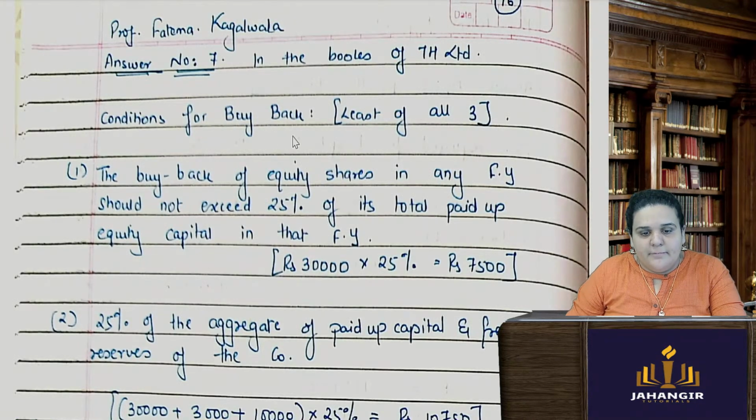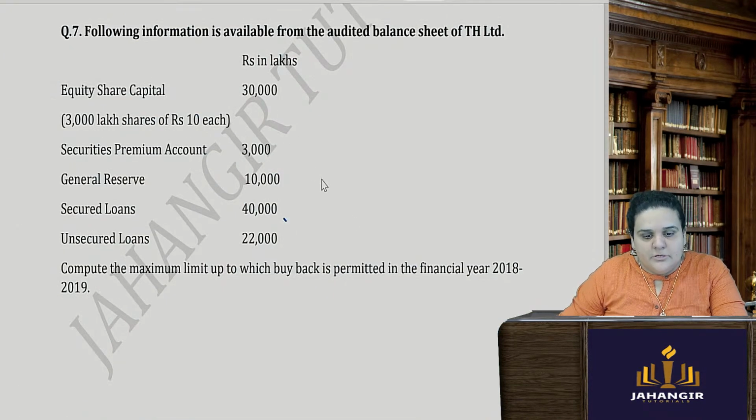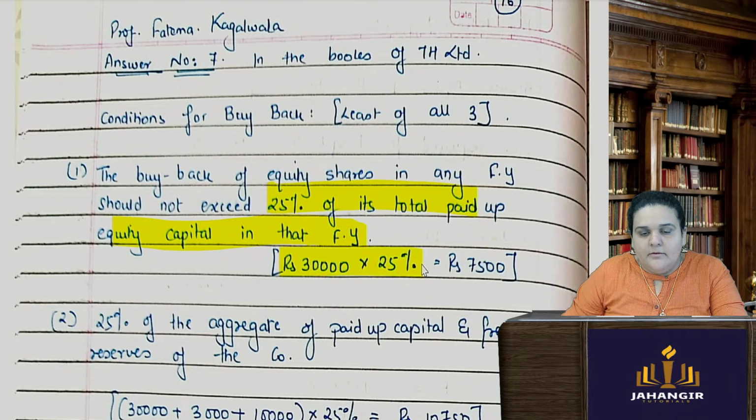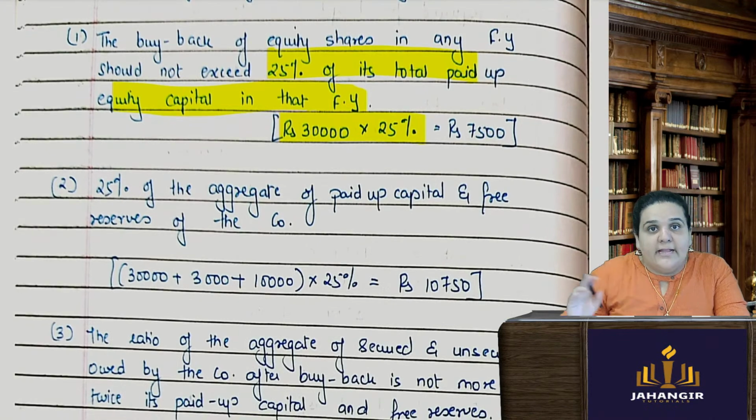Okay, so condition of the buyback, least of all three. First will be 25% of the total paid up equity share capital of that company. So paid up equity share capital is how much? 30,000 into 25%, rupees 7,500. Then 25% of the aggregate of the total paid up capital and free reserves.